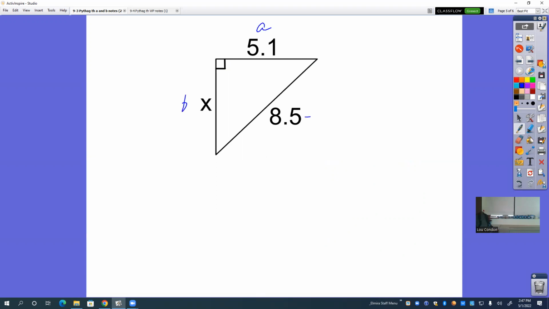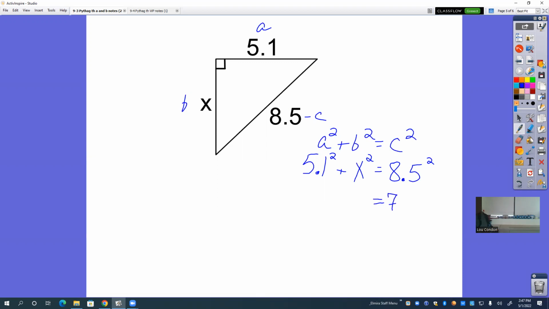A, B, and C. A squared plus B squared equals C squared. 8.5 squared equals 72.25. 5.1 squared is 26.01.